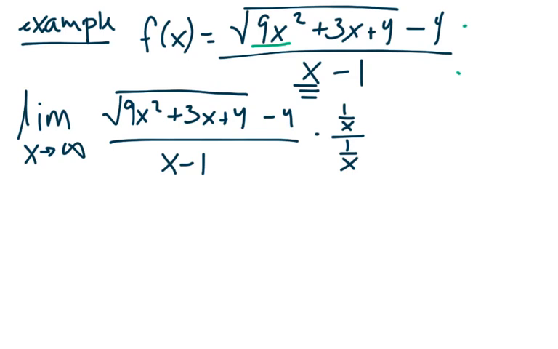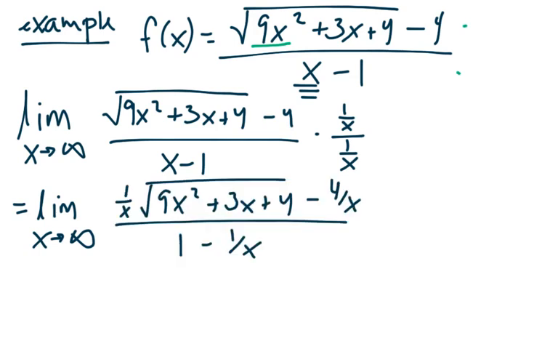Dividing by x is the same thing as multiplying by 1 over x divided by 1 over x, which is really just a convenient multiplication by 1. We do that, and we get this expression. This term is going to go to 0. This term is going to go to 0. This term just stays at 1. The tricky part is what is going on with this term. It's still a little unclear, right?